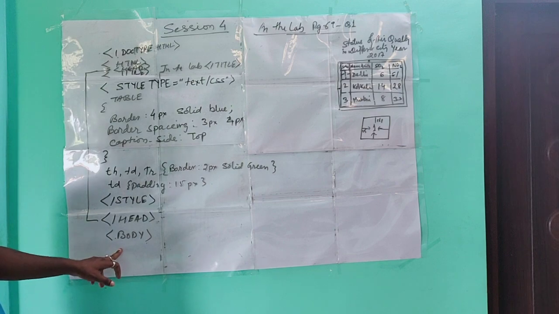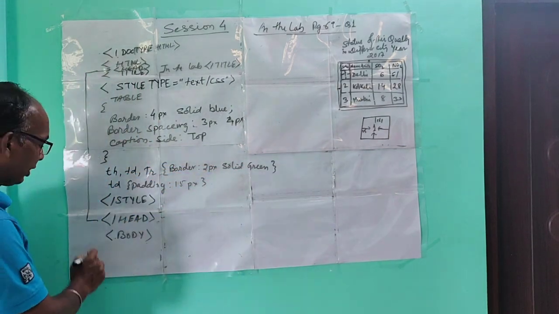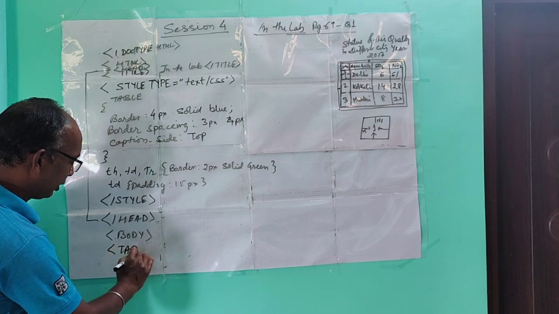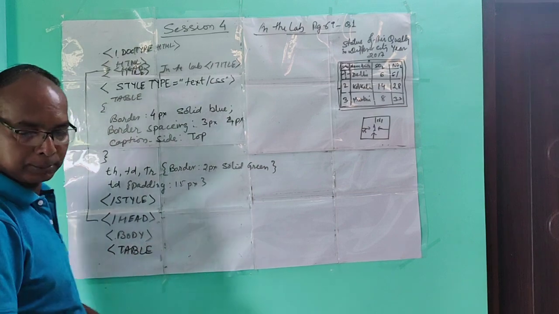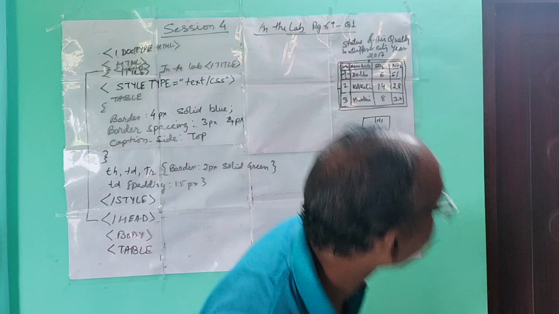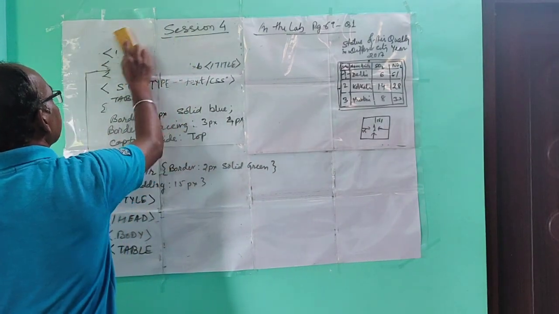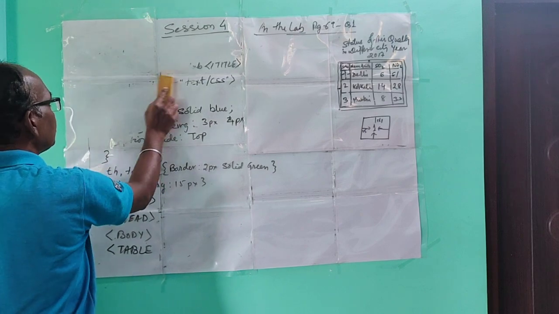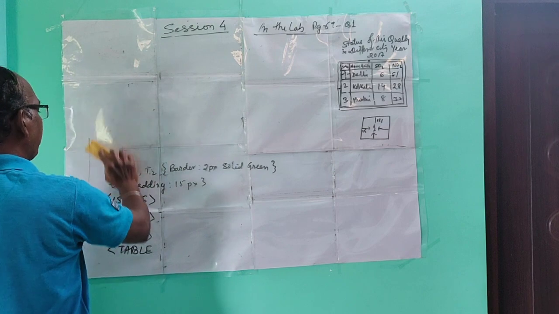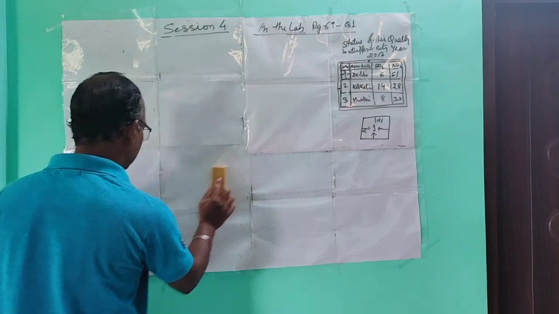After body, when we are going to create a table, the first step we have to give is table, T-A-B-L-E. Otherwise, the table will not appear. After adding the table tag, we have to write the coding for the table.